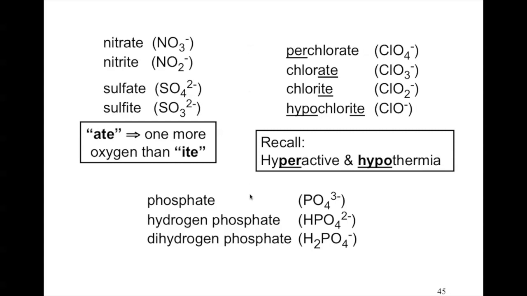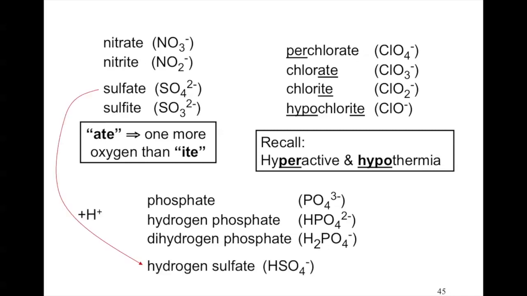All right, the last thing that we need to talk about here is additions of hydrogen ions to polyatomic molecules to make new ones. For example, if we take a hydrogen ion, which is simply a hydrogen atom with its electron removed, it's just a proton, it has a +1 charge, shown here, H+.